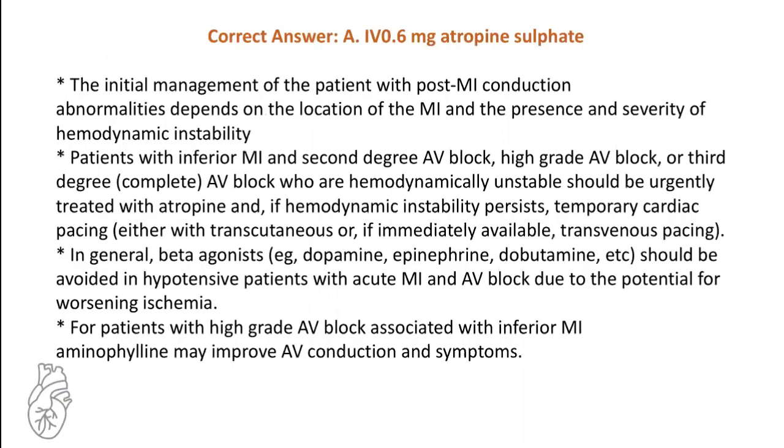This is from UpToDate, I brought it for you guys. The initial management for a patient with post-MI conduction abnormality depends on the location of the MI, the severity, and also the hemodynamic instability. A patient with inferior MI and a 2nd degree AV block, a high-grade AV block, or a 3rd degree complete AV block, if they are hemodynamically unstable, should urgently be treated with atropine first.